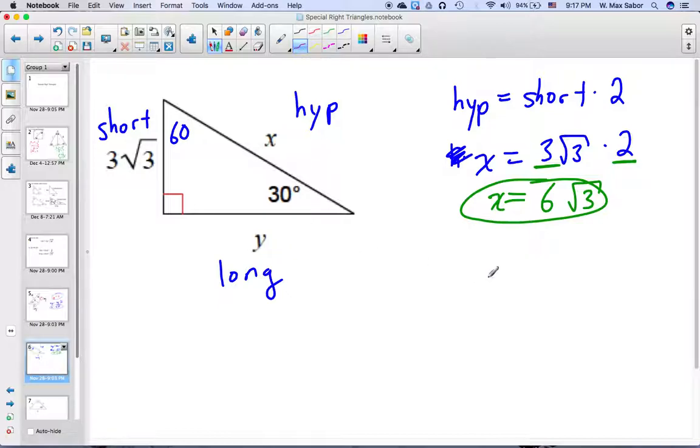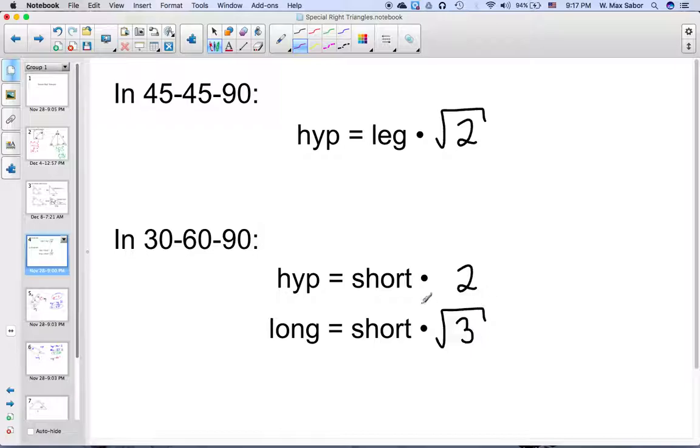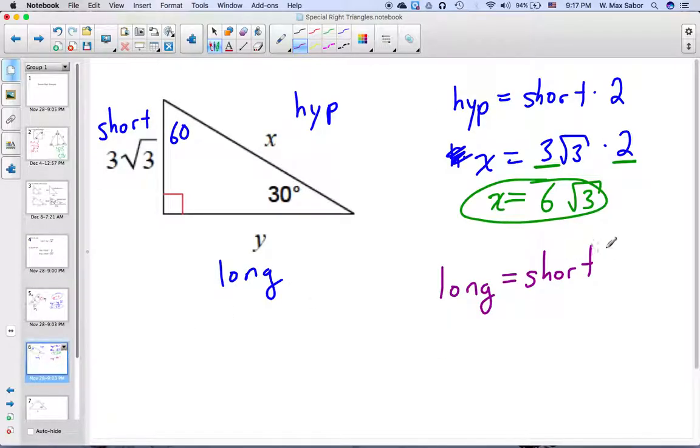For the long side, it's the short side multiplied by the square root of 3. So I can take this 3 square roots of 3 and multiply it by the square root of 3.